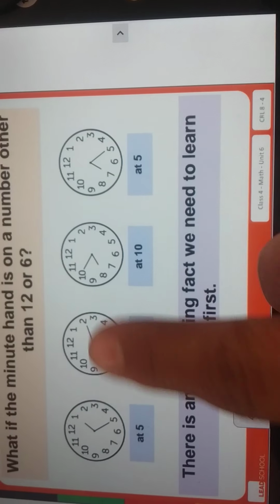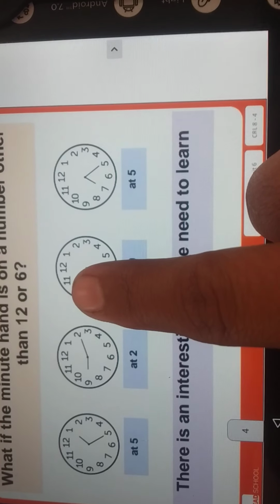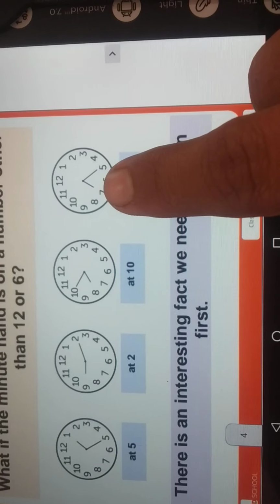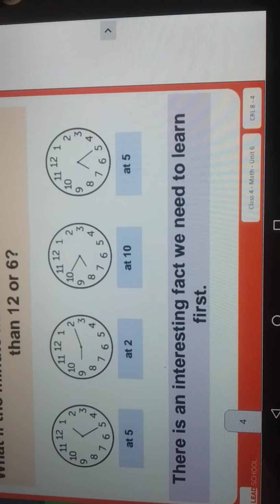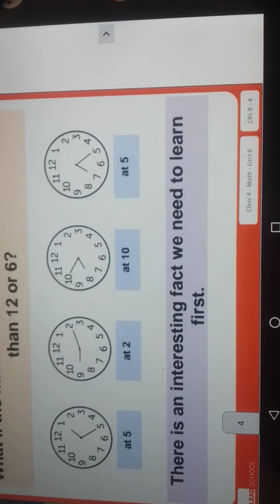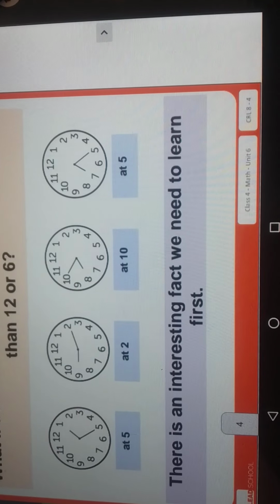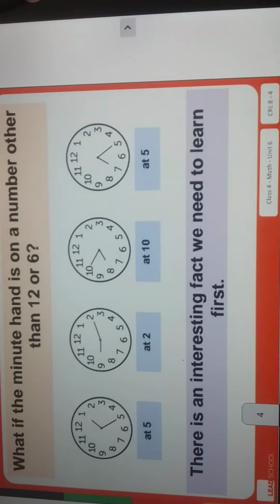Another, the minutes hand is on number 2. Another, minutes hand on number 10. Another, minutes hand on number 5. Like that. There is an interesting fact we need to learn first. At that time, what we do, that we'll learn.